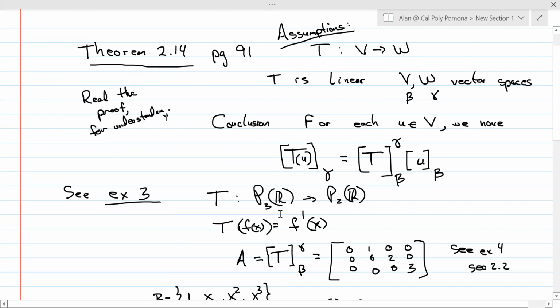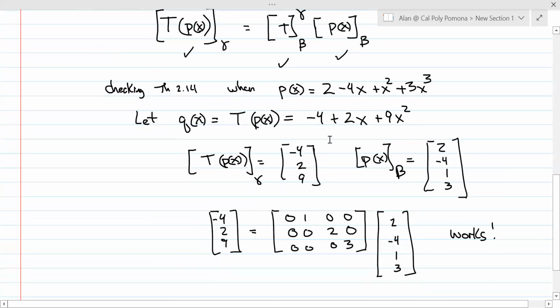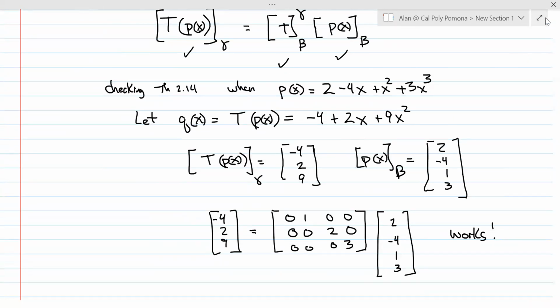If they just told you you're going from R4 to R3, which is really what they're doing here, then it would all be in terms of vectors that you're a little more familiar with, but that's okay. All right, questions? Let's flip the page.